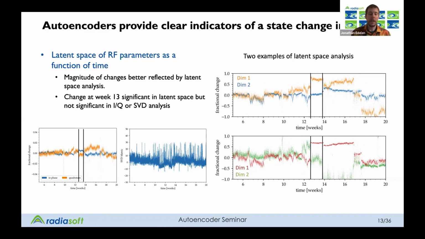It's a big change as opposed to a pretty small change. So this is suggestive that there's more going on in the RF than is necessarily easily digestible by these sorts of simplified metrics, and I think it motivates the use of autoencoders for dimensionality reduction, for latent space analysis, as part of a diagnostic tool.